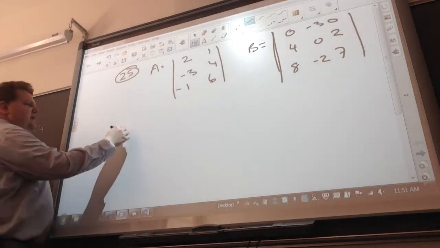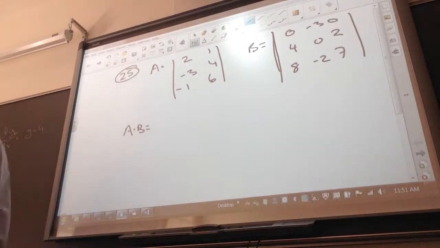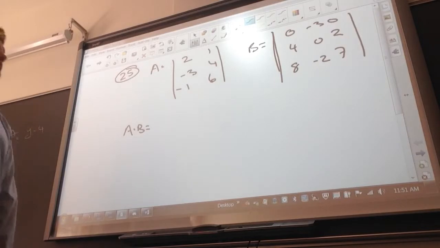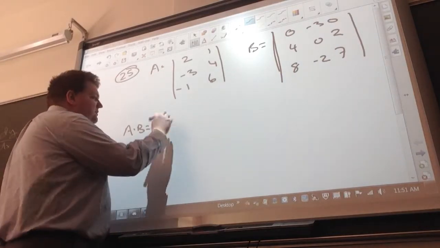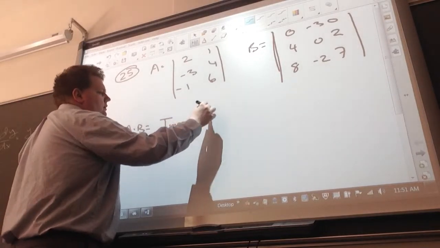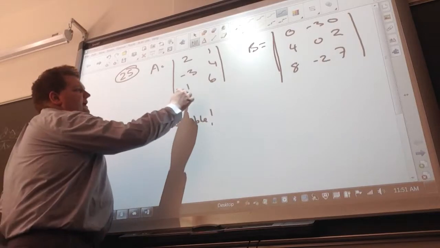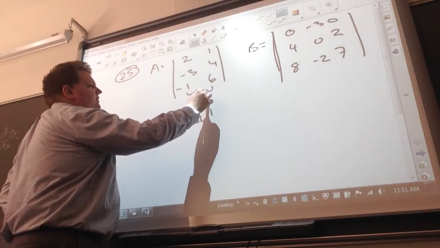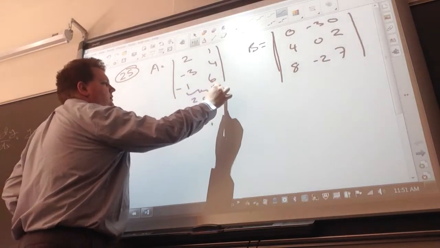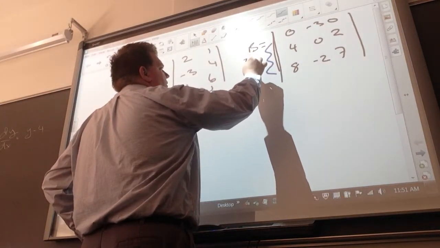What's A times B going to be here? Impossible. It's impossible. Good. A times B can't be done. The reason is this one's only got 2 columns, while this one has 3 rows.